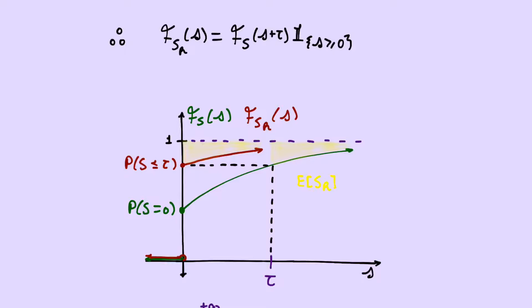Okay, so that is the reason that this distribution function of the random variable SR is very similar, not the same, but very similar to the distribution function of the random variable S. And of course, the probability for the random variable S to be less than tau, that is the probability when the reinsurance company does not have to pay anything. Well, that depends on the value of tau, but typically, in our context, this would be a very high probability.